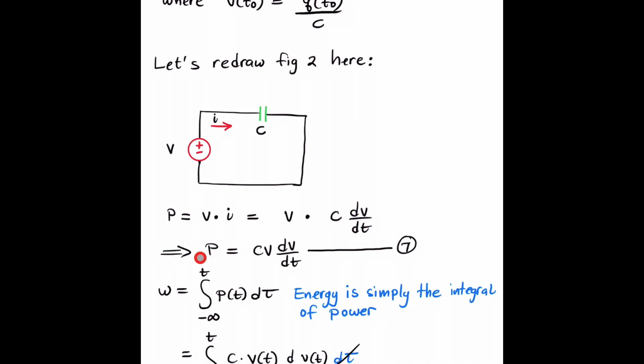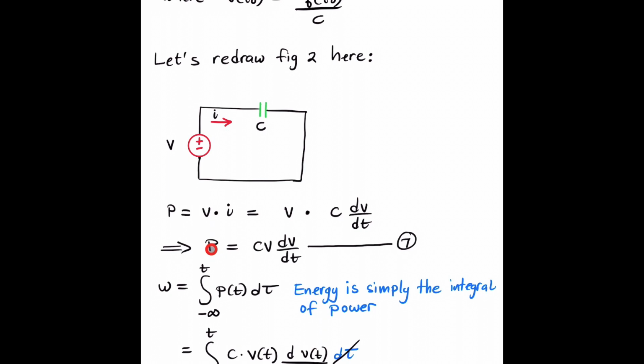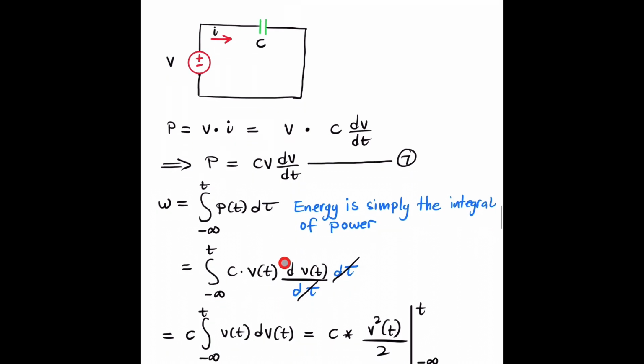So this implies that the power absorbed by the capacitor is equal to C v times dv/dt. And this w is energy.